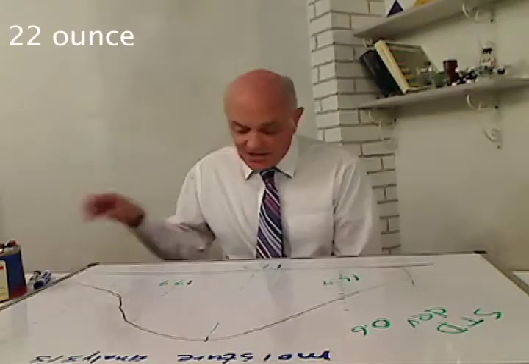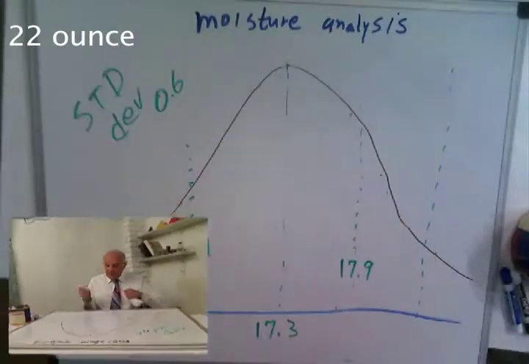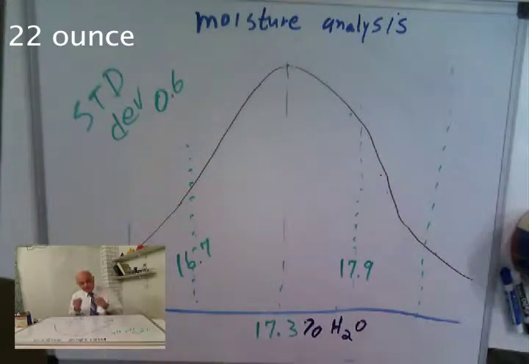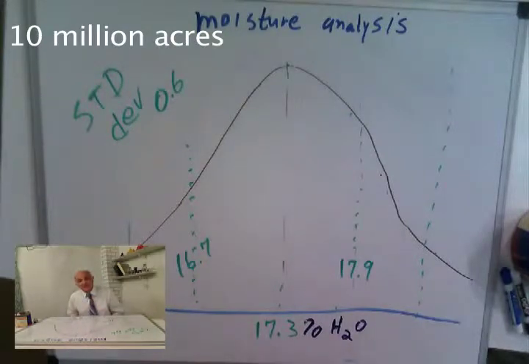The example is you have a moisture of 17.3% water. The standard deviation has been established to be 0.6. So it's 17.3% water, which would be maybe typical of a piece of bread.